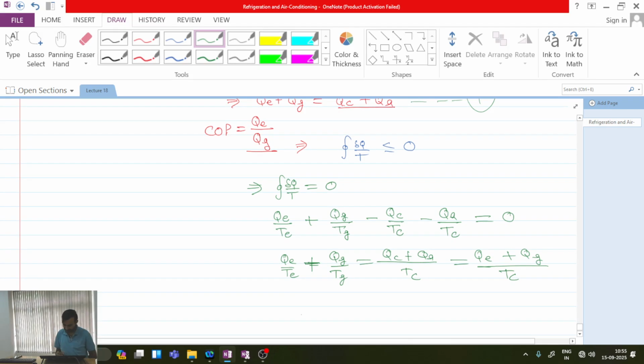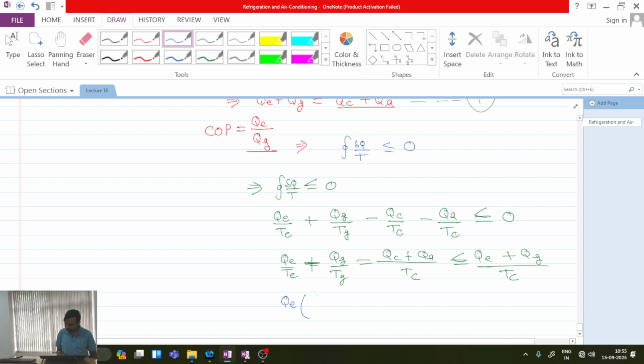So what I will be getting, or maybe let me write it less than or equal to 0 because I am going for a limiting case. So let's go with the inequality.